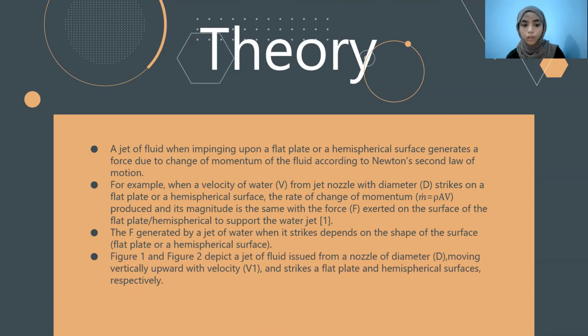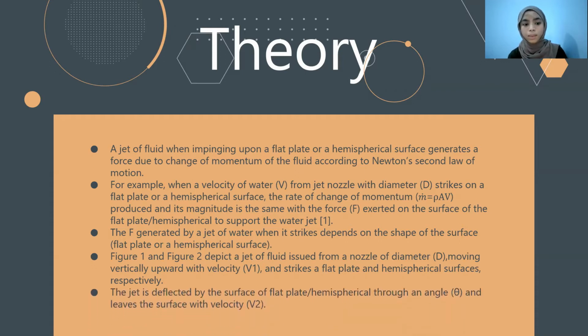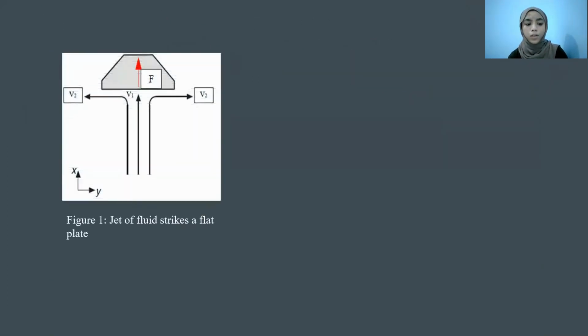Figure 1 and Figure 2 depict a jet of fluid issued from a nozzle of a given diameter, moving vertically upward with velocity V1 and striking a flat plate and a hemispherical surface respectively. The jet is deflected by the surface through an angle theta and leaves the surface with velocity V2.